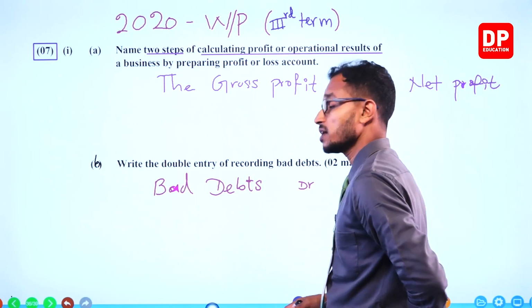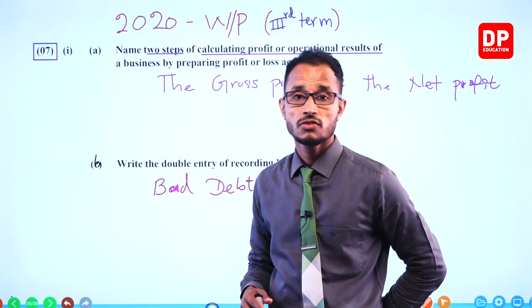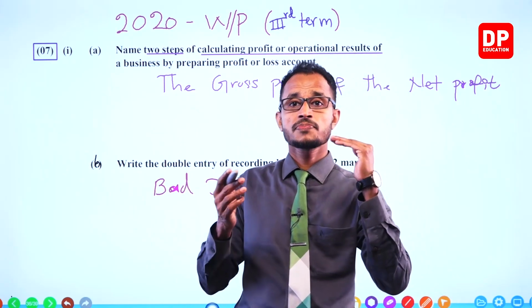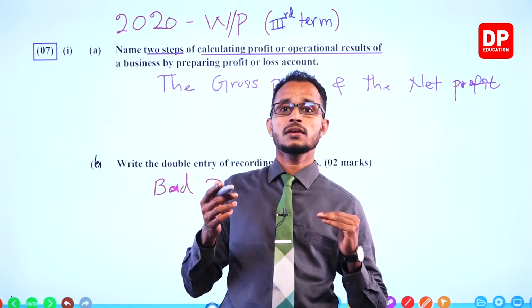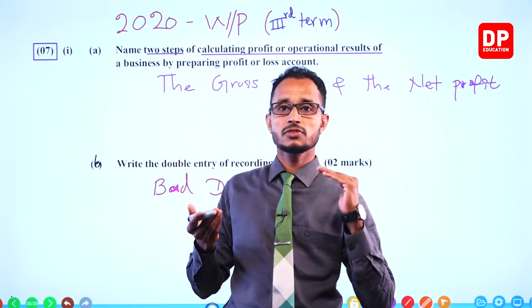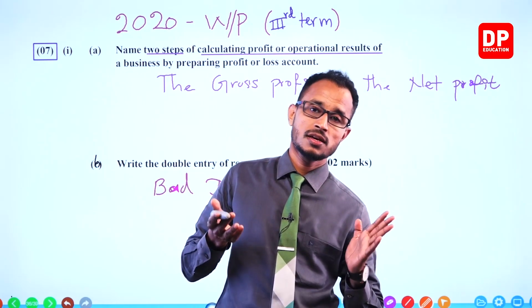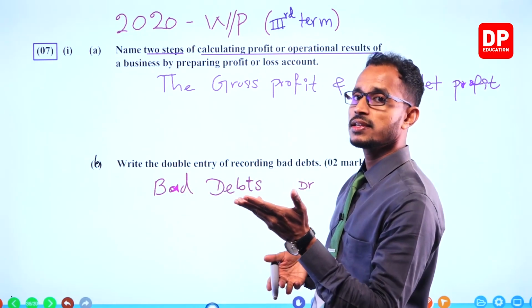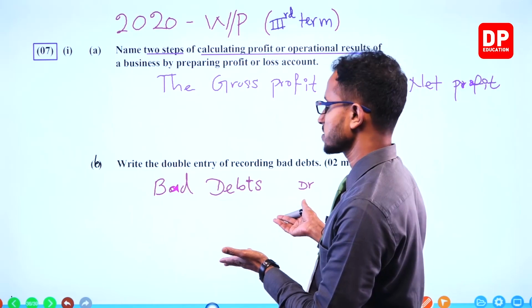And because the debtors of the business are decreasing, you credit the debtors. Debtors, credit.